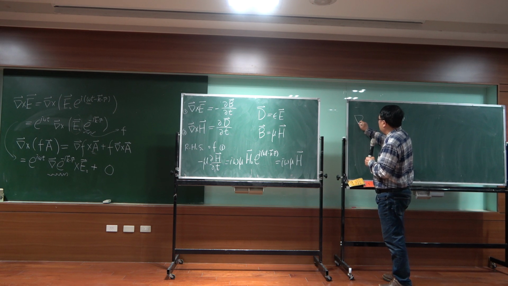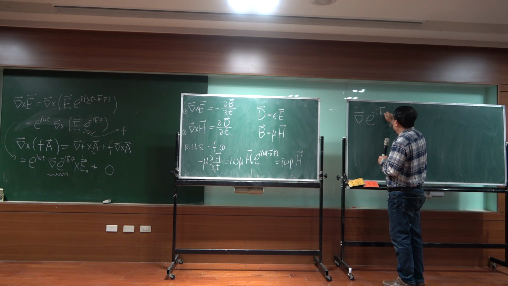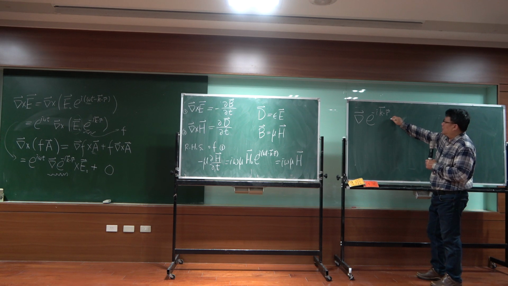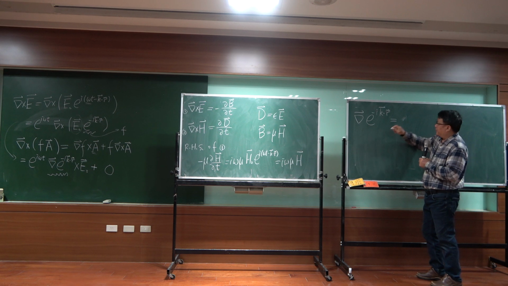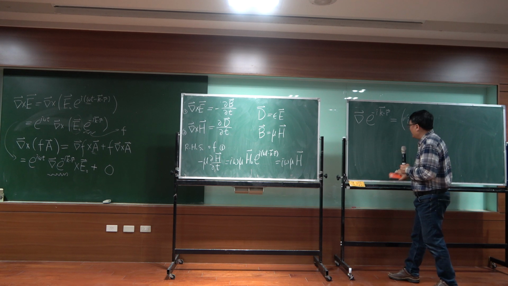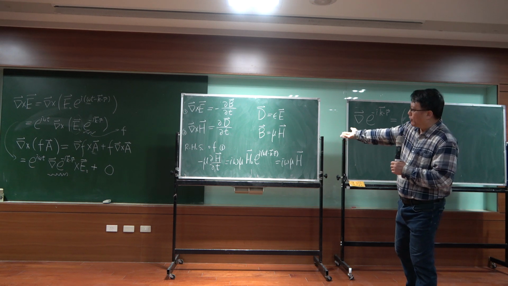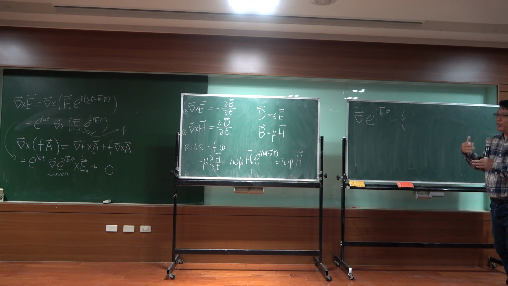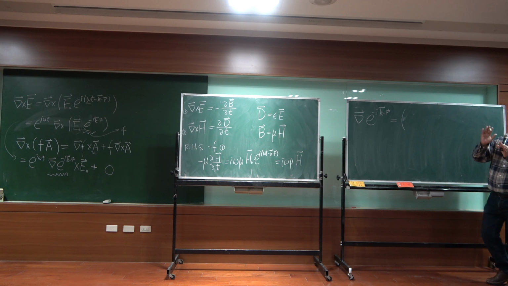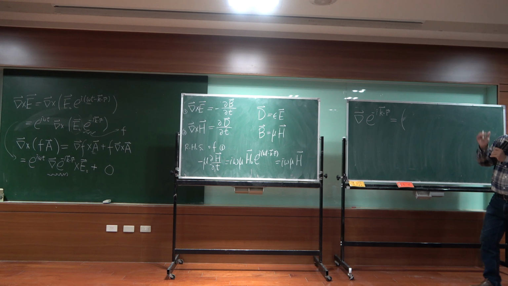To obtain this result, we notice that the del operator is, I will not use i, j, k, I will use x, y, z, because k is now reserved for the wave vector. So I do not use i, j, k as the unit vectors along the xyz directions.